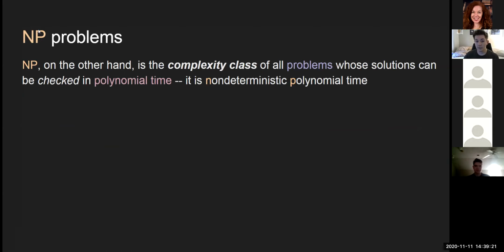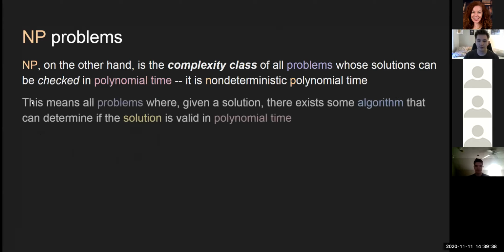The name NP comes from non-deterministic polynomial time, which is called that for a reason, but in the context of first learning this, it is better to think of it as being able to check the solution in polynomial time. The paradigm is that for all the problems, if we're given a solution, there exists some algorithm that can determine if that solution is valid, an actual correct solution, in polynomial time.